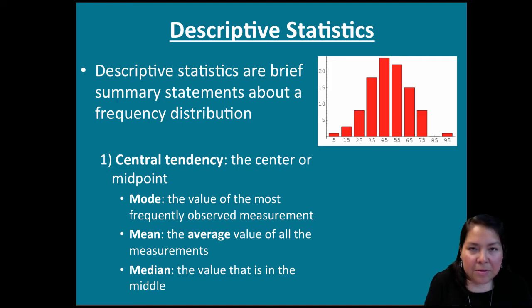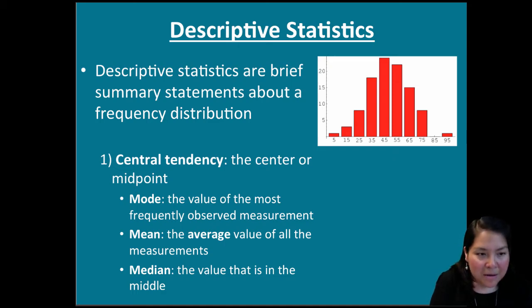Measures of central tendency include the mode, which is the value that's most often represented in the data. So the most people in our sample, just to give you an example from this graph, took about 45 minutes to run a 5K race.